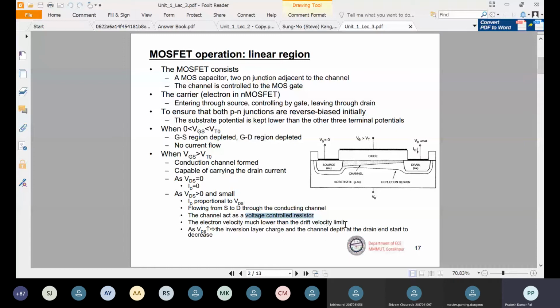Because of that applied electric field, the electrons basically move. The moving of those electrons is called the drifting of electrons. So what is the maximum velocity that the electron can move with? It's called the drift velocity, and it will be much higher than the electron velocity at the time when the gate voltage is small.